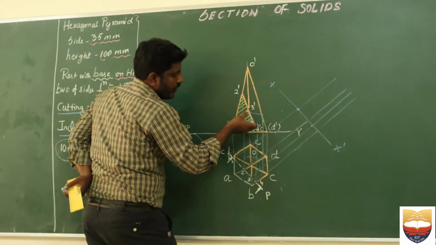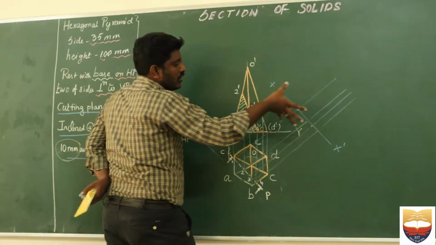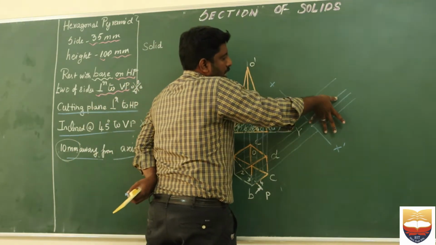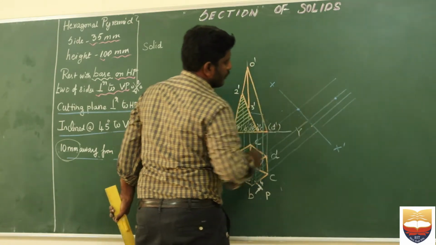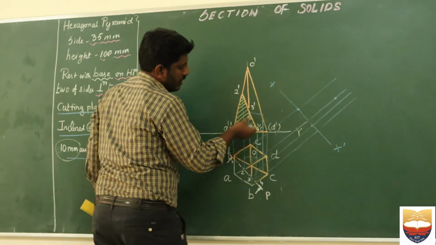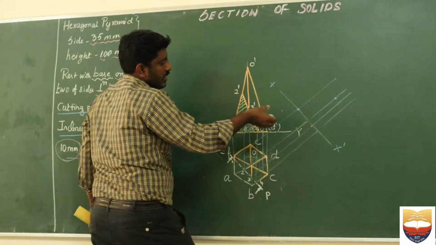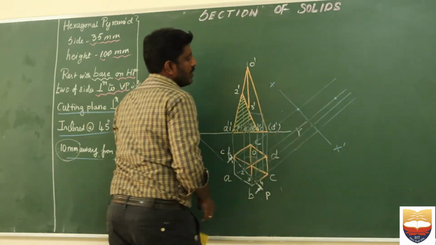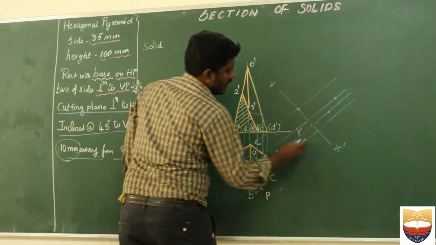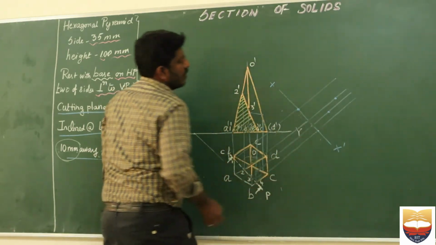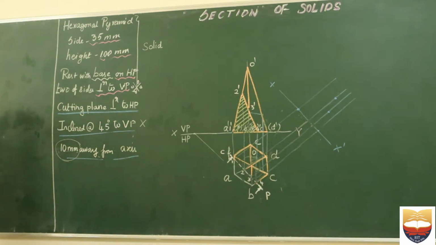From here I measure 2 using my compass and draw an arc, so this will be my point number 2. Similarly, for point number 3, I measure from here, and this will be my point number 3. The point number 4 is available on my reference line. That is very, very important.